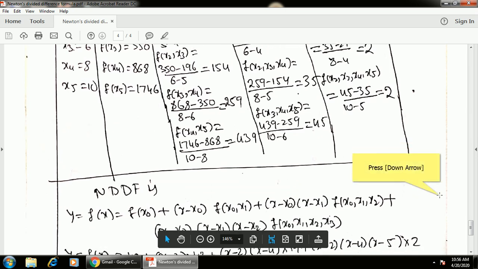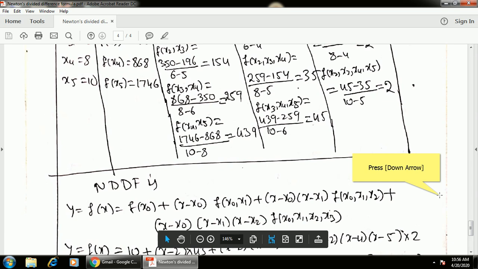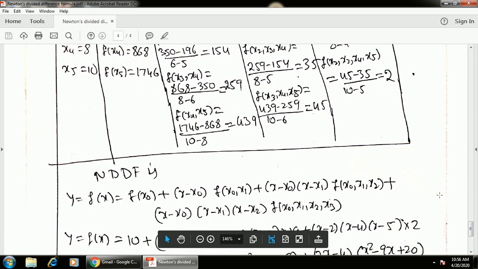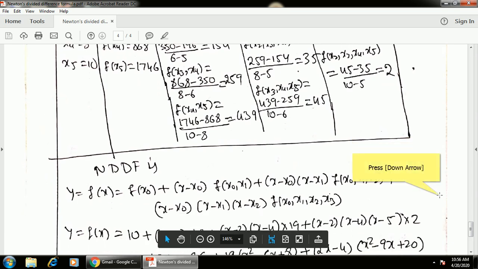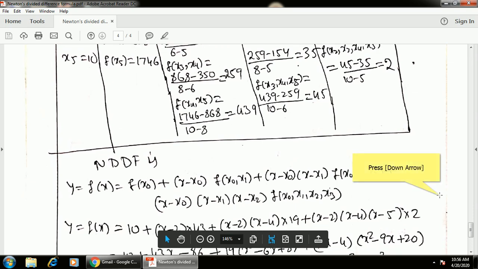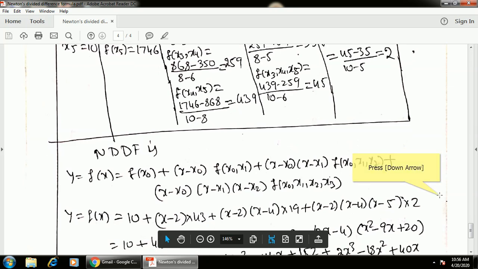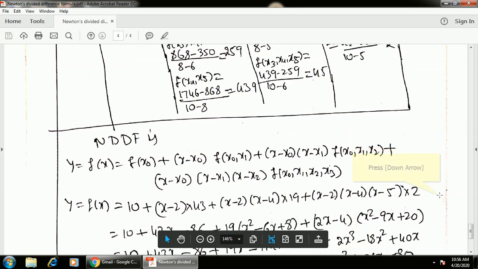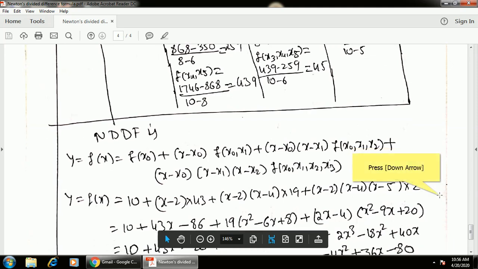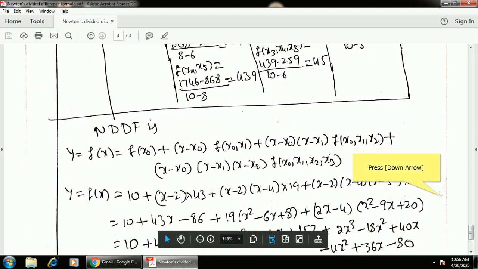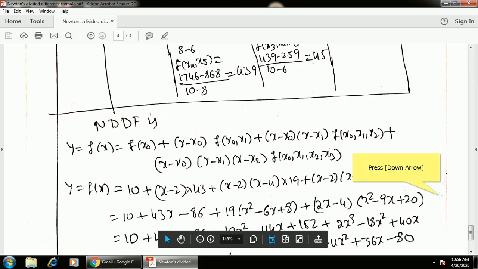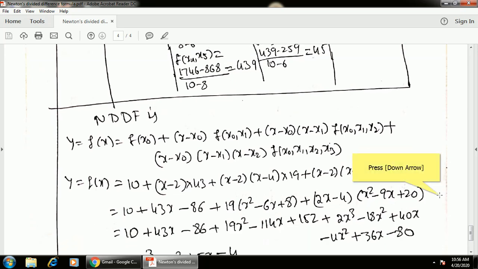Y is equal to f of x is equal to f of x0 plus x minus x0 into f of x0, x1 plus x minus x0 into x minus x1 into f of x0, x1, x2 plus x minus x0 into x minus x1 into x minus x2 into f of x0, x1, x2, x3.